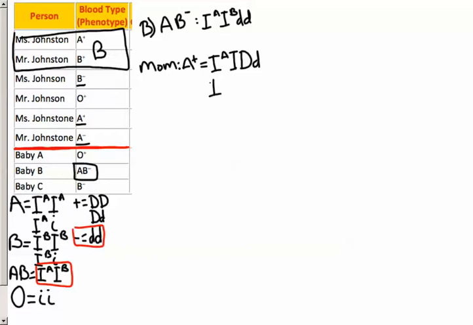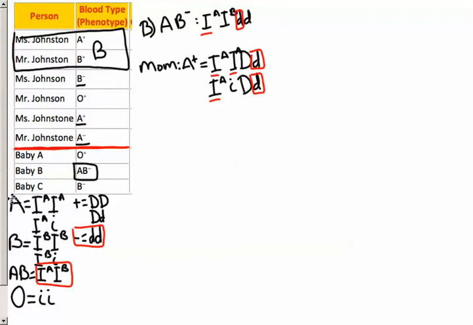Or the mom could be I A and little i. So the baby would get the allele I A from mom and one of the little d's from mom. So the mom could be either one of these genotypes.